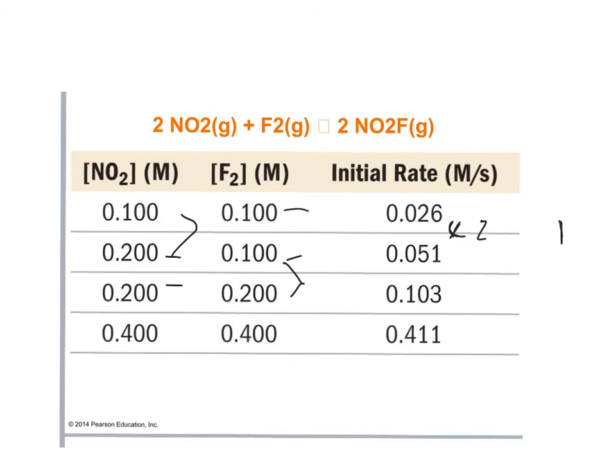So this was times 2, which means that it's an order of 1. If we look at both of them going up, we went from 0.1 up to 0.4. That's 4 times. That makes sense, because of 1 and 1.